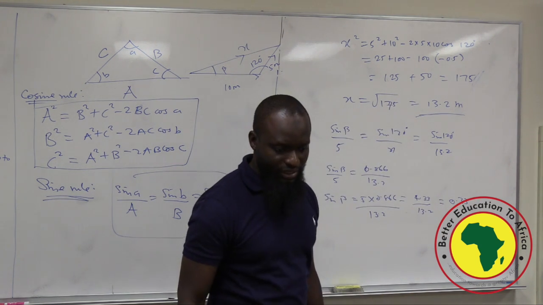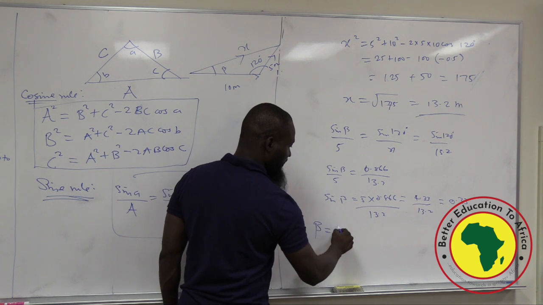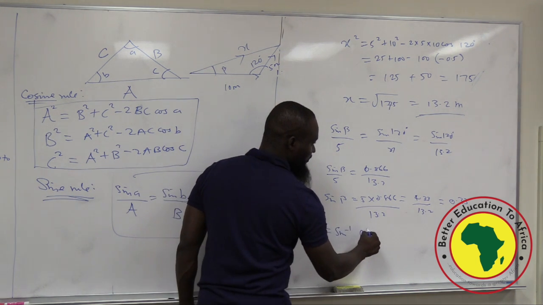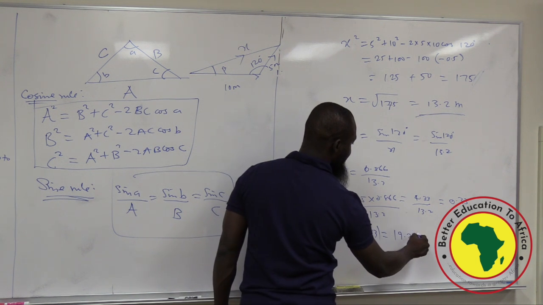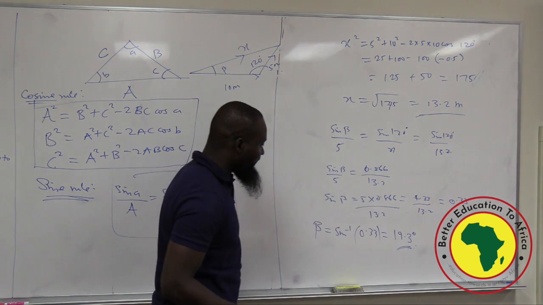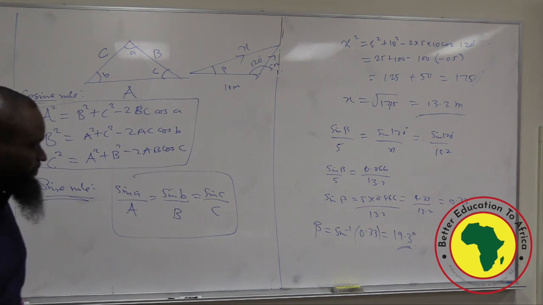0.33, I guess. You can cross-check that to verify for me. Okay, good. So beta is the sine inverse of 0.33, which will give us about 19.3 degrees. Verify that also. I think that should be correct, 19.3 degrees.